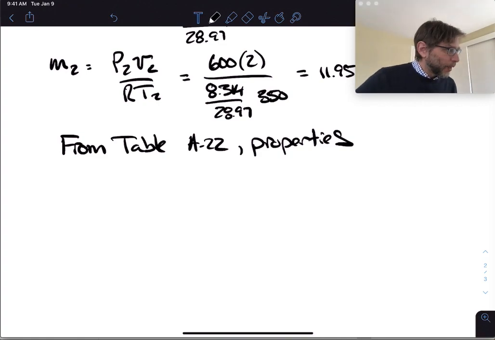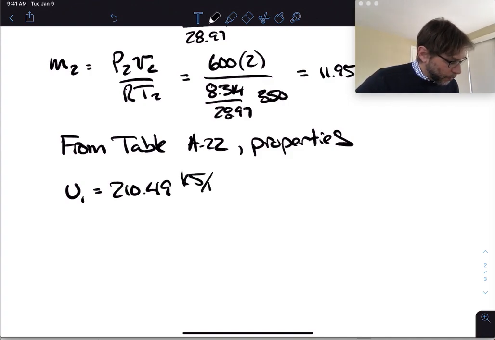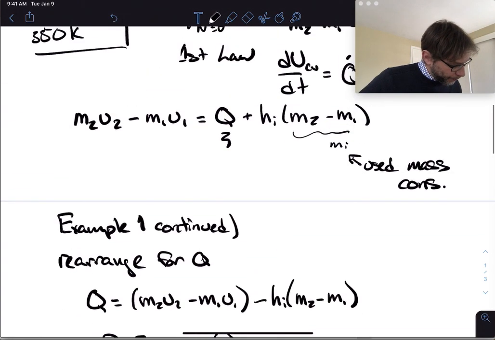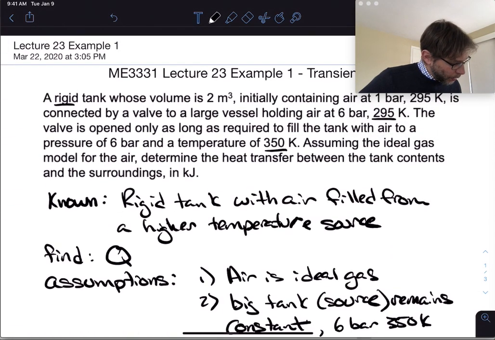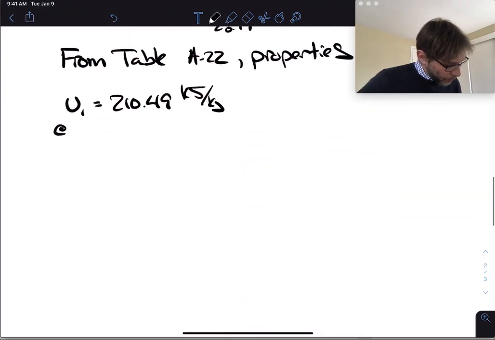Okay, so the first thing we need to find is little U1, which is equal to 210.49 kilojoules per kilogram. This is at, what does it say, 295? Yeah, 295.